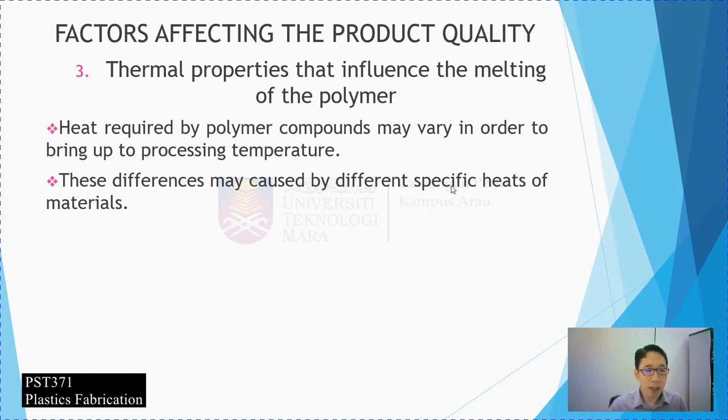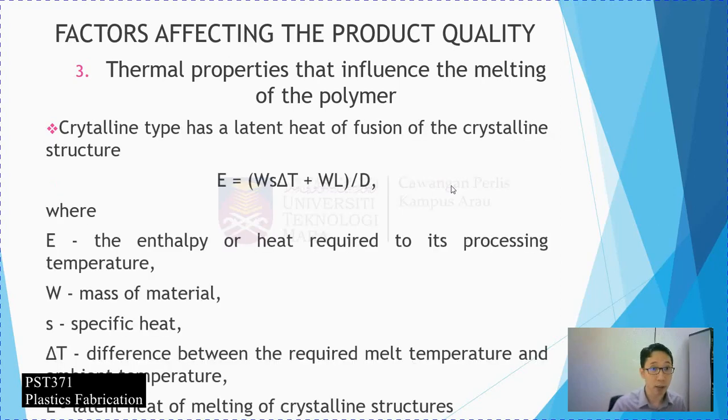Each polymer is a material having a specific Tm, okay, melting temperature. So you need to consider the melting temperature of each of these materials before you can produce a good product.